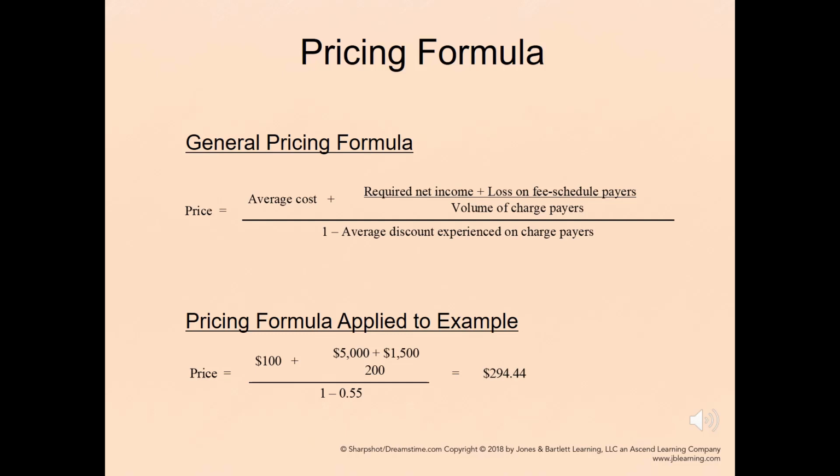So as it applies to our example, the price equals $100 plus $5,000 plus $1,500 divided by 200, divided by 1 minus 0.55, which equals $294.44.